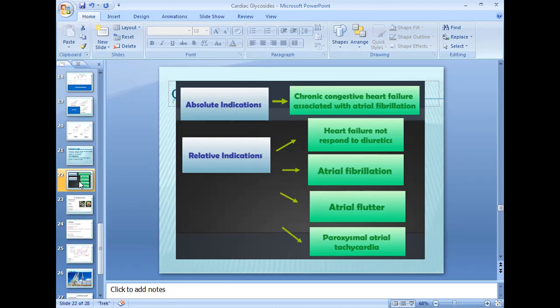Even in atrial flutter, the heart rate increases up to 300 per minute, and as it is a negative chronotropic agent, they decrease the heart rate, and are also used in paroxysmal atrial tachycardia. Tachycardia again means increased heart rate. So these cardiac glycosides are negative chronotropic and decrease the heart rate.